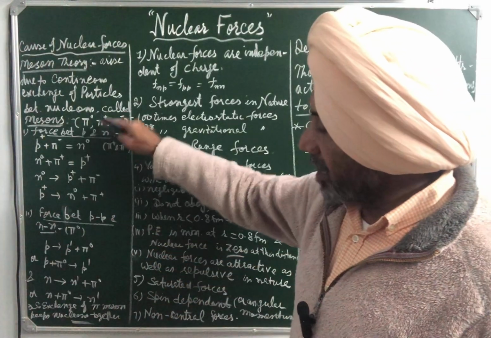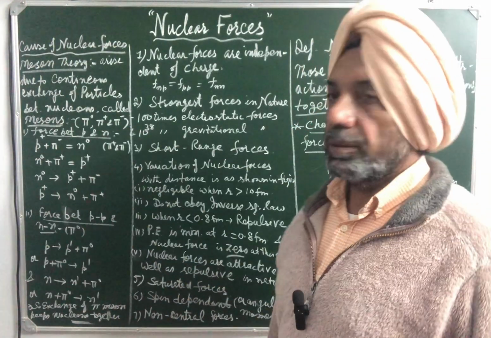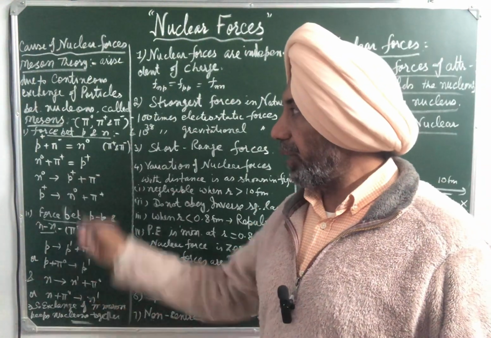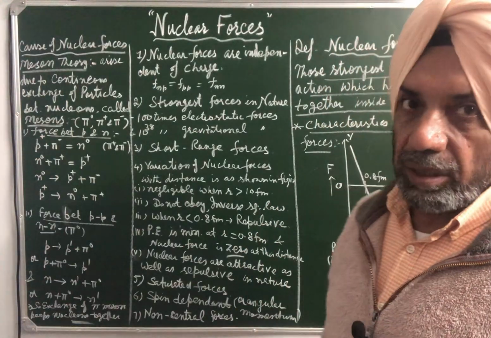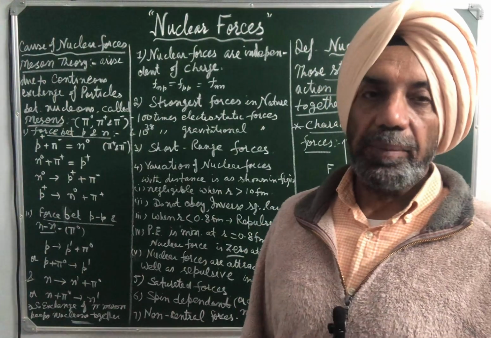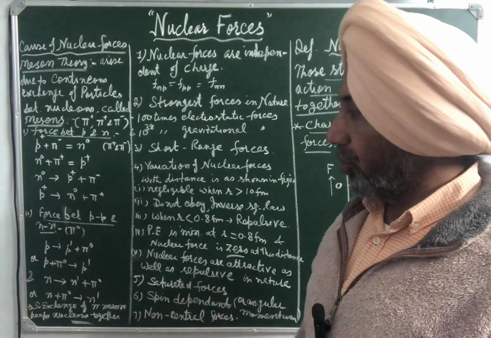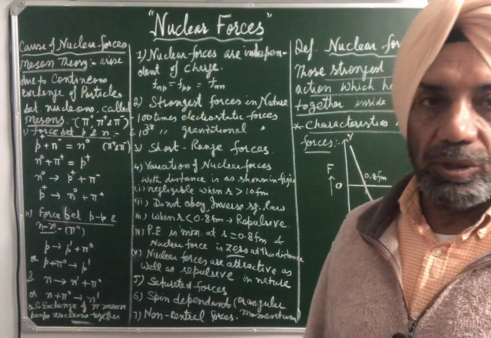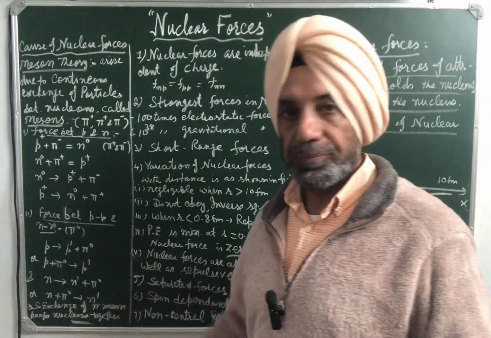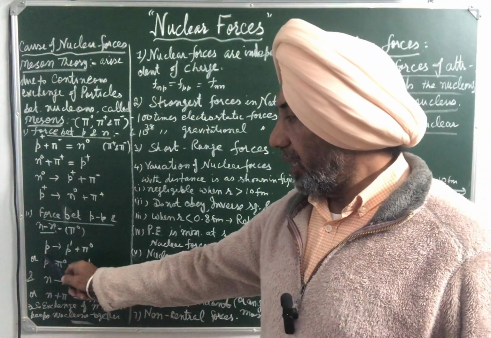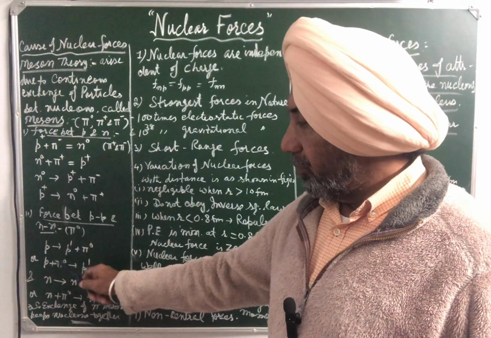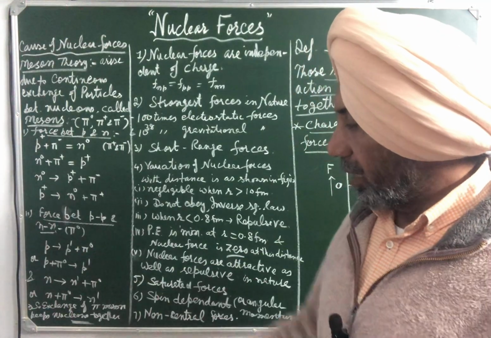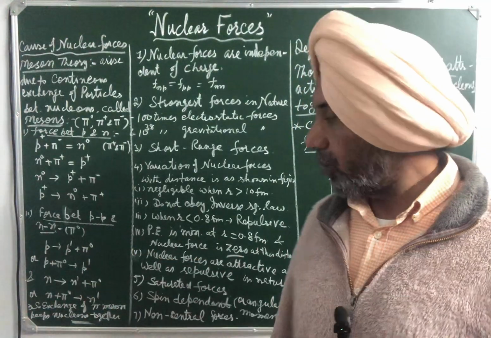It means there is always exchange of pi mesons, positive pi meson and negative pi meson, between them; either they absorb or they emit a pi meson. Now, the force between proton and proton, or neutron and neutron, is due to the exchange of neutral pion, pi naught. So P gives a new proton in a new state with emission of pi neutral.